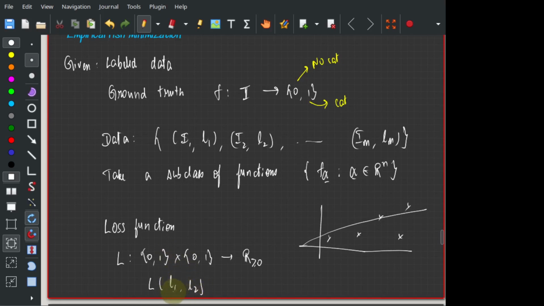If the true label is L1 and I predict it as some other L2, then how much loss do I incur? Again, depending on the application, you may want to choose a different loss function for the same kind of problem. So one very simple loss function is to count 1 if you make an error, if you say 0 instead of 1, and 0 otherwise.